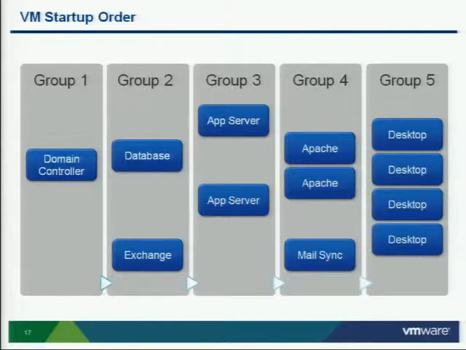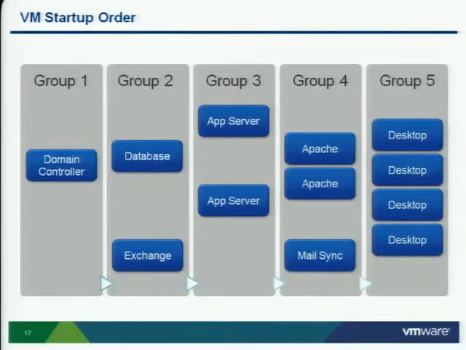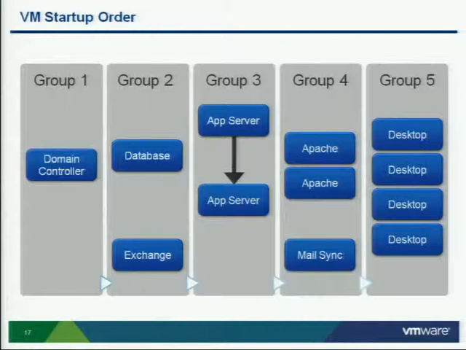But sometimes VMs have more dependencies, maybe within a group. And rather than creating more and more groups, you can also specify individual dependencies, which is represented by this arrow. The reason we wanted to do it this way is our pipelining.